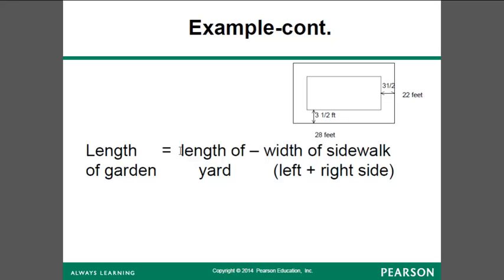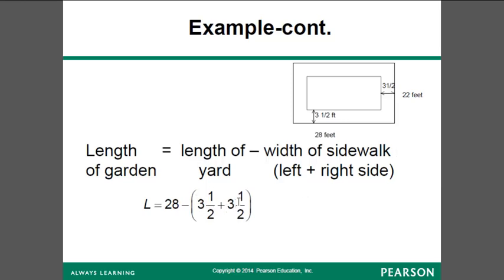So the length of our garden will be equal to the length of the yard minus the entire width of the sidewalk, which will be the left side plus the right side. So the length of my garden will be equal to 28 feet minus 3.5 feet plus 3.5 feet. I got that 3.5 feet plus 3.5 feet because there's 3.5 feet here and there's 3.5 feet here.